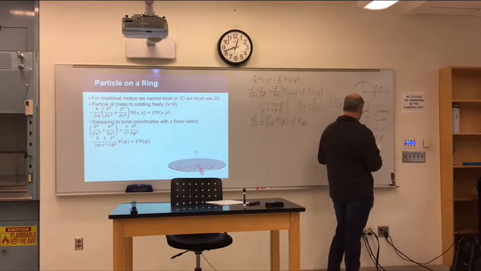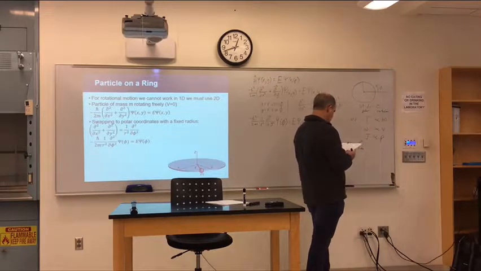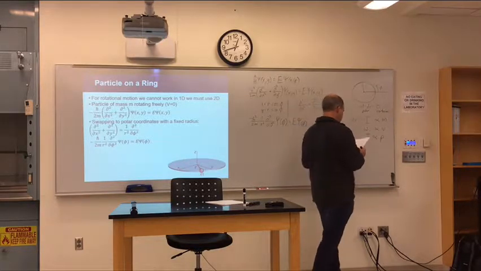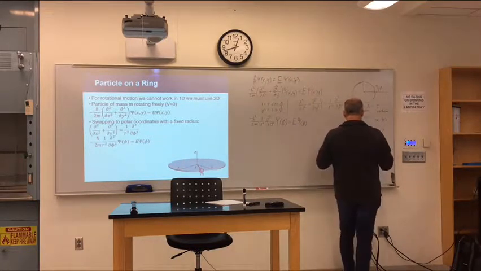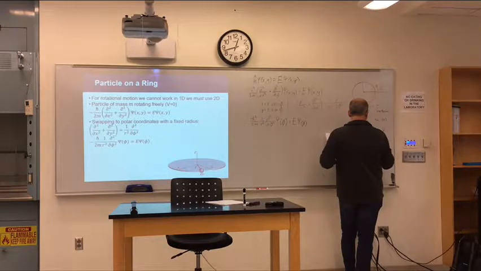So if we're talking about something in our polar coordinates, we could write this as 1/2 I W squared.